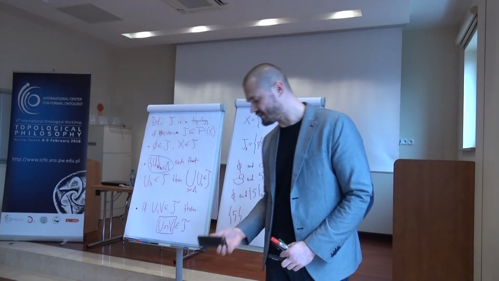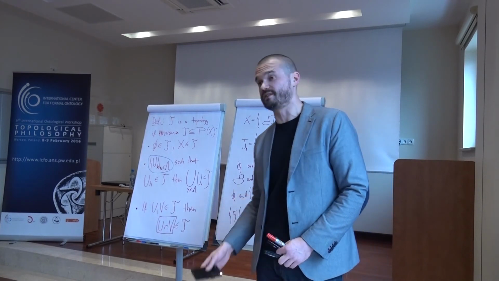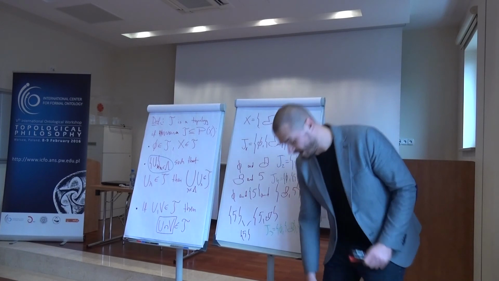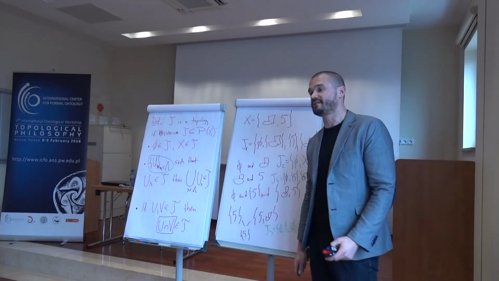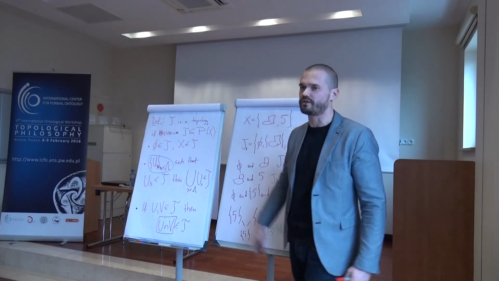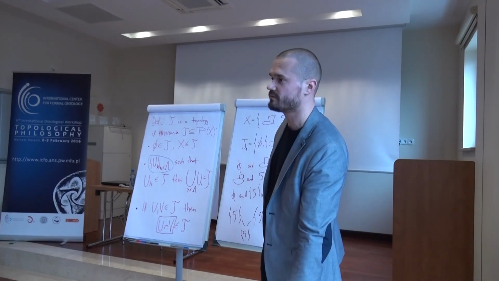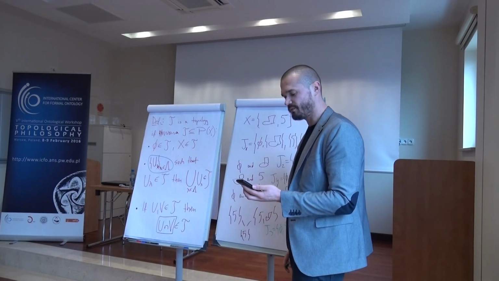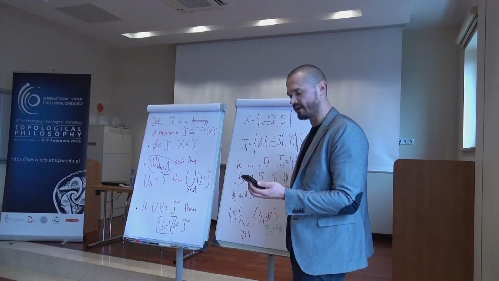Which is not the case in case of bigger sets. So if you have a set with 3 elements, then there are some subsets of its power set which are not topologies. But we are out of time now, so we can try to check it later after the break.